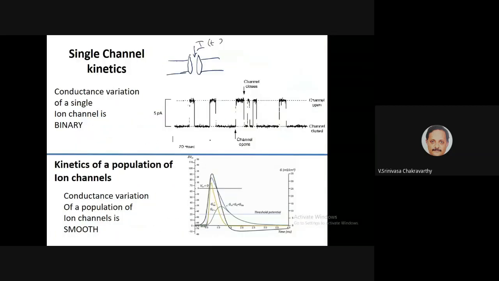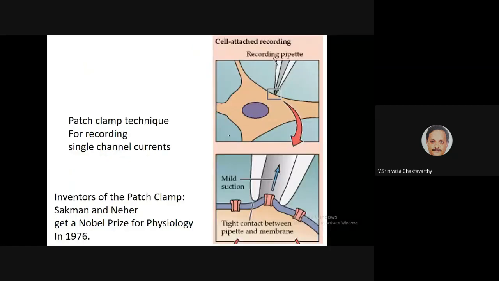Incidentally, this kind of graph that shows the current through a single channel is obtained by a very exquisite piece of equipment called the patch clamp. In our department, Dr. Amal Kanti Bera has this kind of equipment, which can be used to actually measure current through a single channel. You see that a microelectrode, a recording pipette, is used to make a very tight contact with the part of the membrane which has some channels.